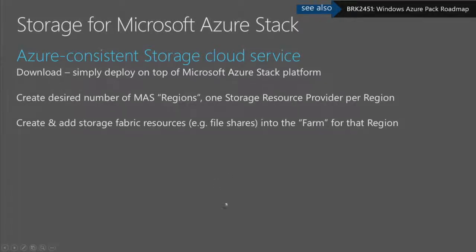And you can create and add storage fabric resources into what we call a farm. Think of a farm as a collection of all the storage resources. There may be multiple scale-out file server clusters, file shares, and all that, right? All those items together we refer to as a farm. So basically, a storage resource provider manages a storage farm in a region. That's really the model to think about.